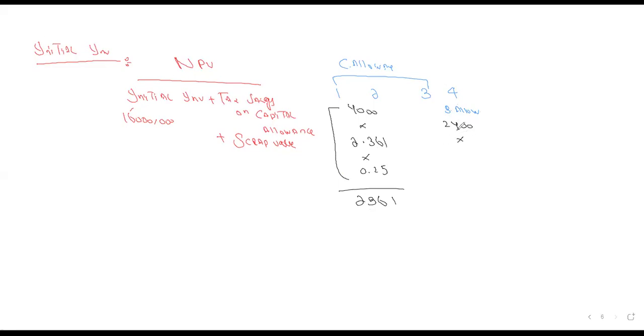So again, as this is the 4th year, the 4th year discount factor, how much is that? 0.613. And then again, make it after tax. How much is the value? 367.8.